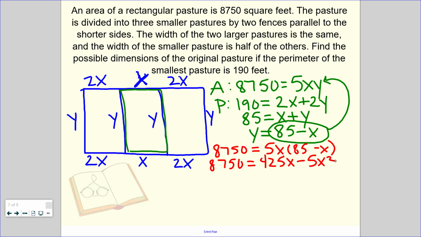It looks like everything here is divisible by 5, so let's go ahead and simplify a little bit. If I divide by 5, I get 1750. 425 divided by 5 gives me 85x, and then I'll have a negative x squared. From there, I'm going to move everything over to the right to get my quadratic equal to 0 and keep that first term positive.